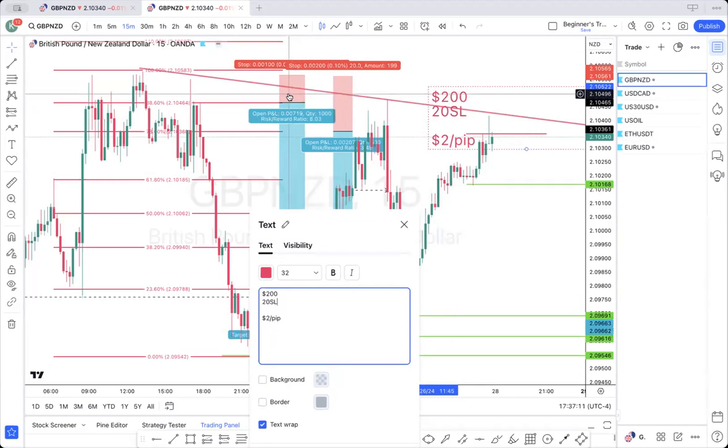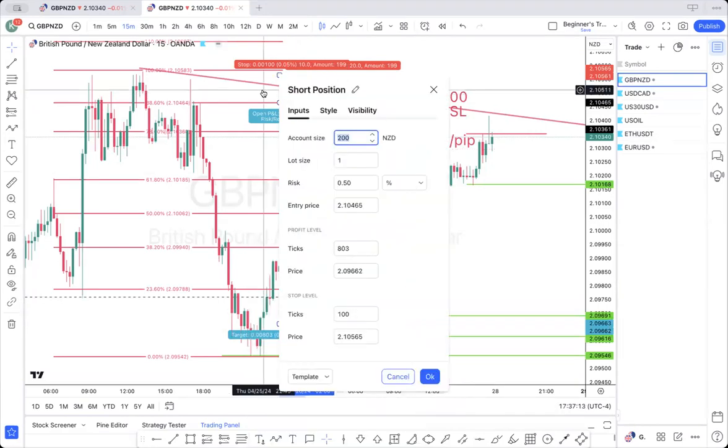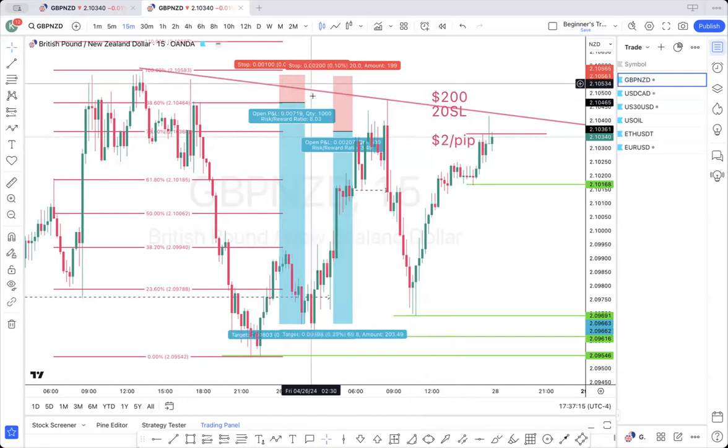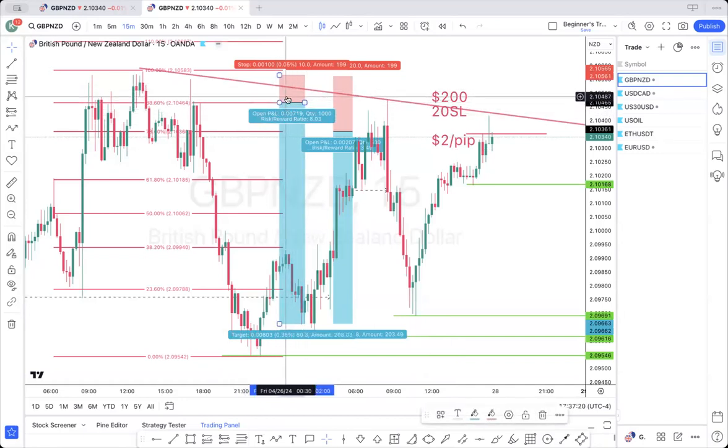However, if you set the $2 with the shorter stop loss, and what was that? $10. So you can lose $20 or you can lose $40.